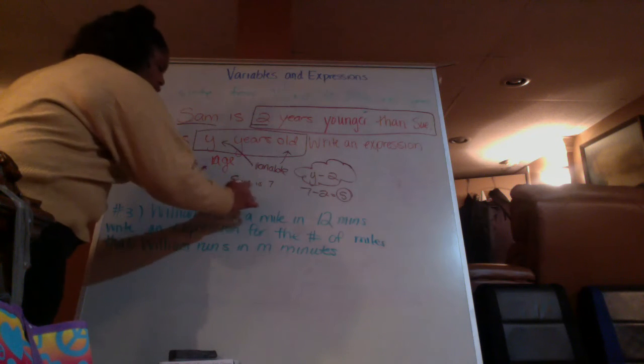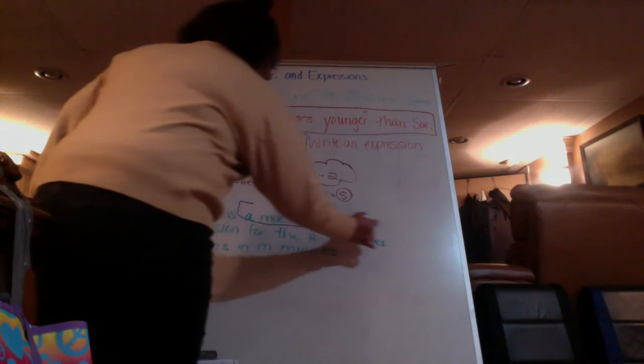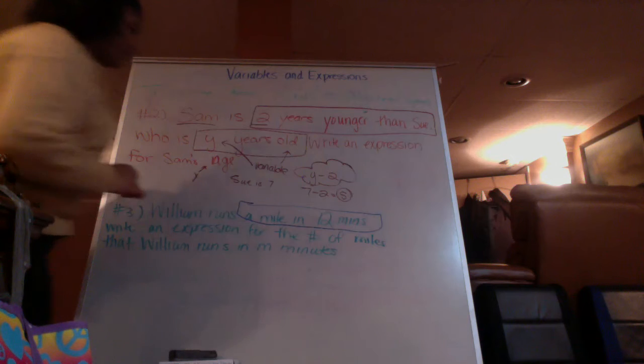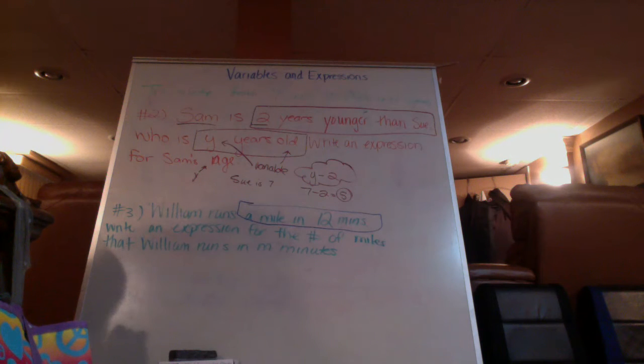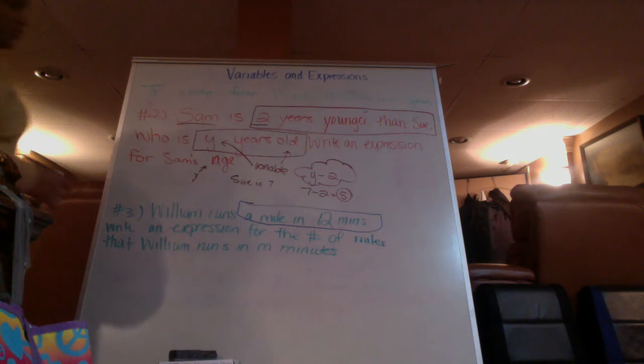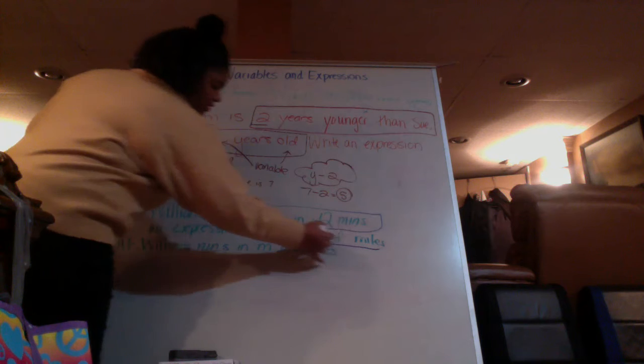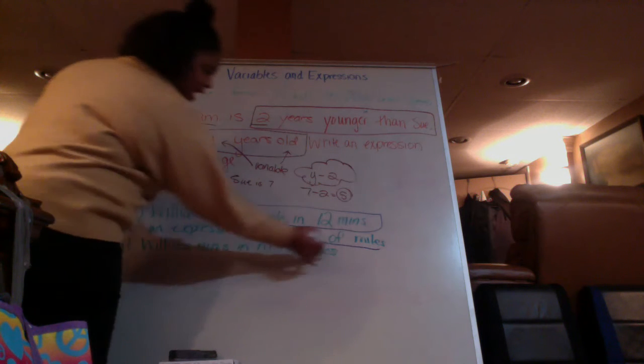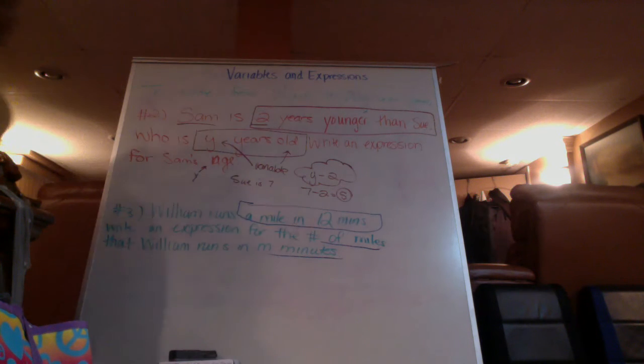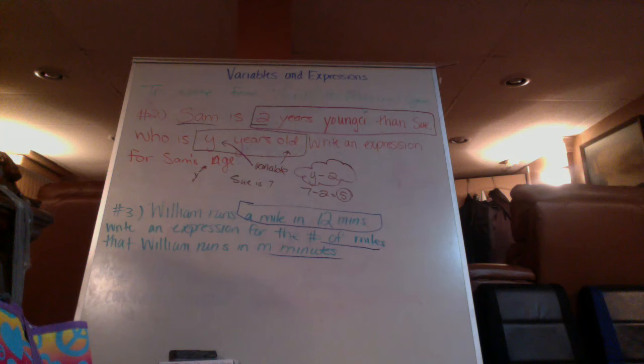He runs 1 mile in 12 minutes. Very important: write an expression for the number of miles. So you want to know the number of miles that he runs in M minutes. This is very similar to the first one that we did with Eve reading the 25 pages. So I want you to use that and try and figure it out.